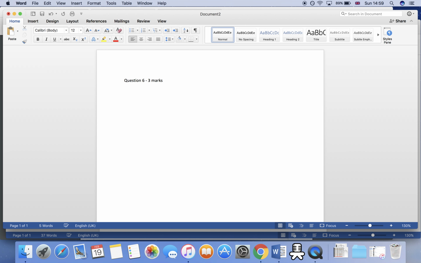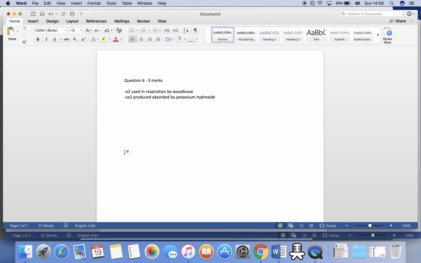We get our first point down: O2 used in respiration by woodlouse. CO2 produced, absorbed by potassium hydroxide.